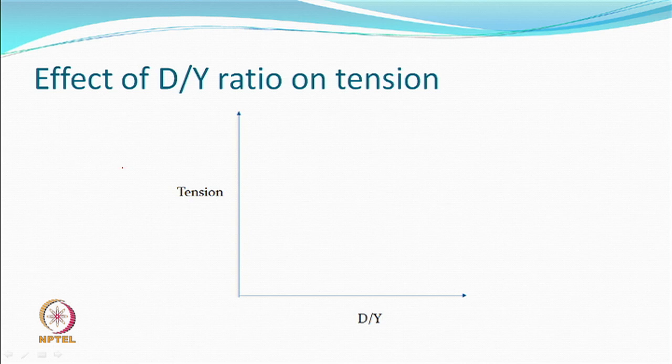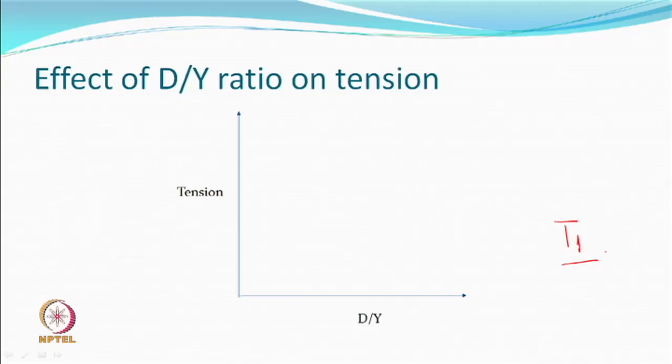Now, a tension which is measured in the twist zone is the T1, which sometimes is also known as the input tension. So, if we want to approximately draw a curve of T1 as the D by Y ratio increases, what kind of a curve do we expect?